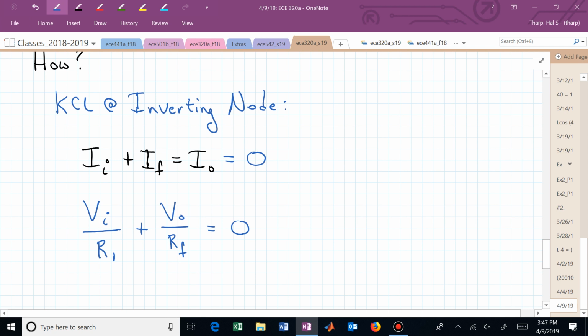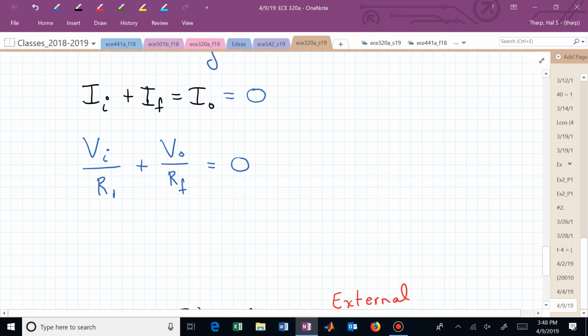If we multiply all terms by R sub F, which we can do, and put this V sub I term on the other side of the equality sign, or subtract that term from both sides, we end up with that, and that's what we were trying to show.